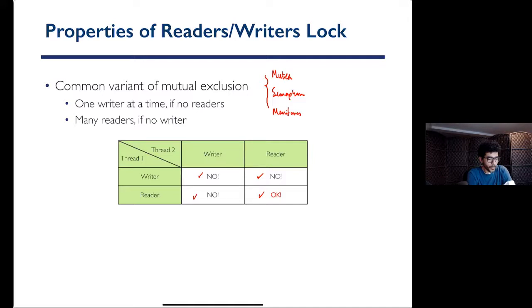Because we want readers to be able to access the database at the same time, we cannot use these out of the box. So instead, we're going to design a class that we can call the reader-writer lock, and we can use these primitives in our implementation. This lecture is about designing and implementing this class.